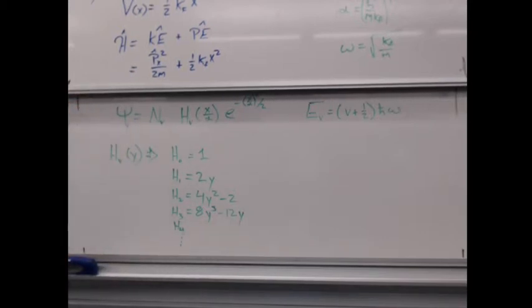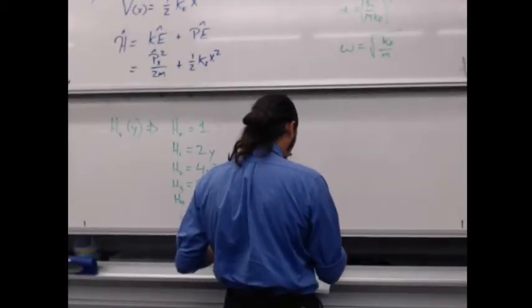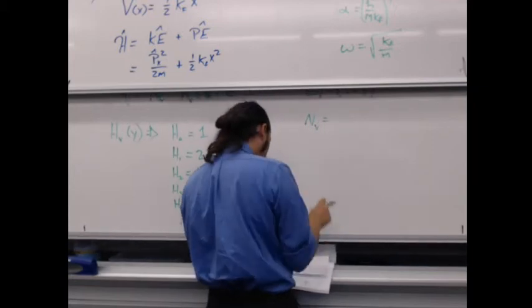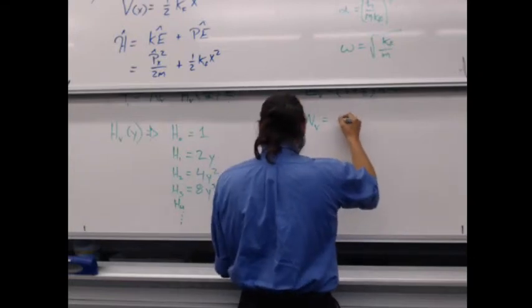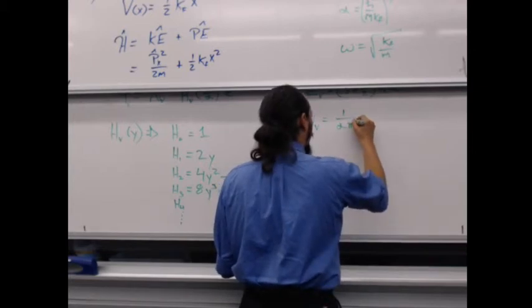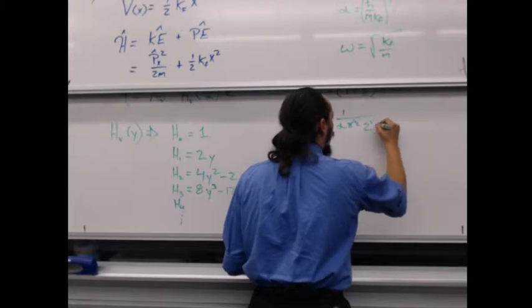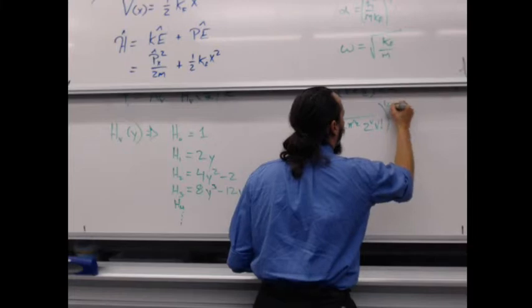I made you calculate the normalization constants. That is also given as an equation. All of these have a known normalization constant, which depends on that counting number v, equal to 1 over alpha pi to the 1/2, this is the notation the textbook uses, times 2 to the v, v factorial, all to the 1/2.